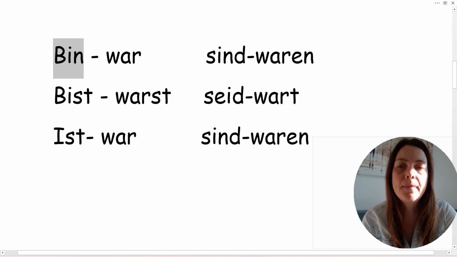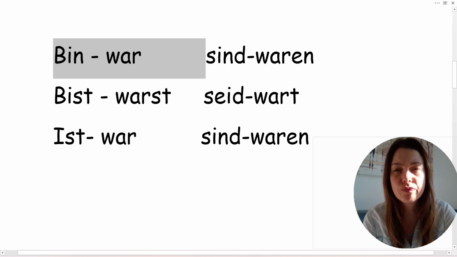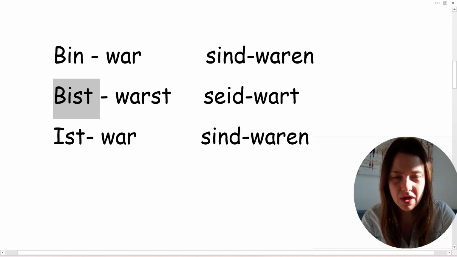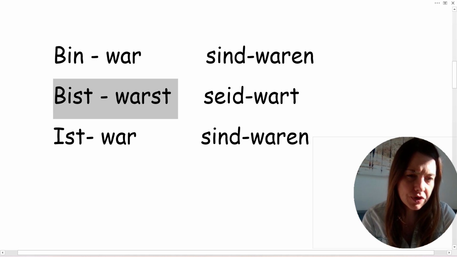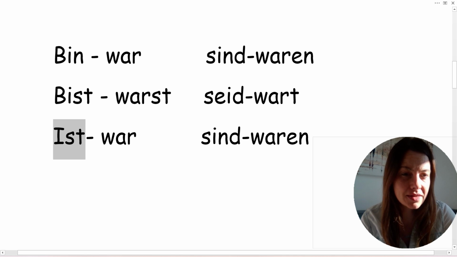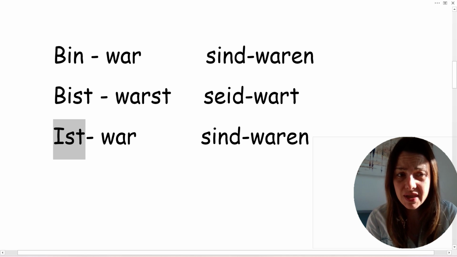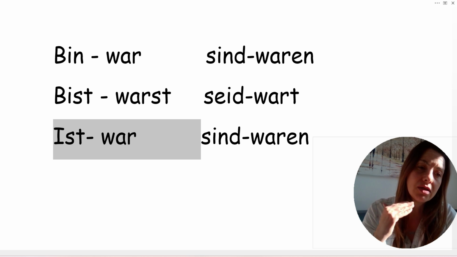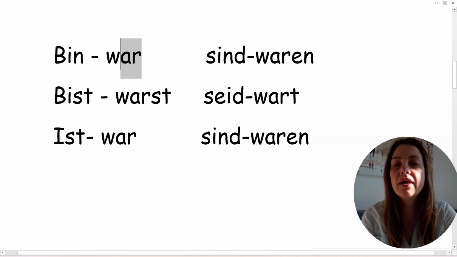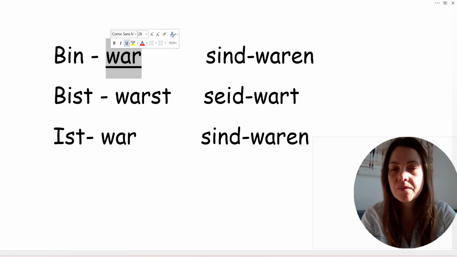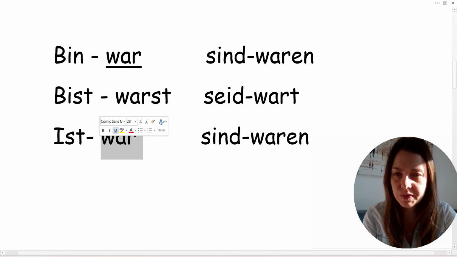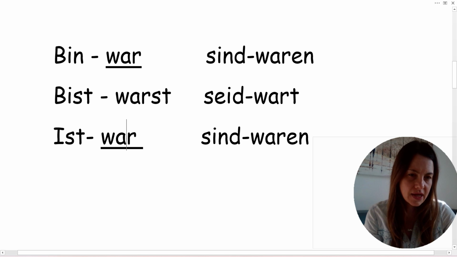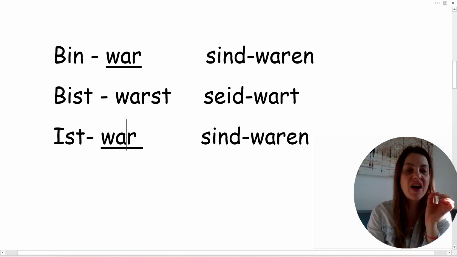So, ich bin, I am, ich war, I was. Du bist, you are. Du warst, you were. Er, sie, es ist. He, she, it is. Er, sie, es war. He, she, it was. So you can notice that the first person singular and the third person singular have the same form of the verb, war.